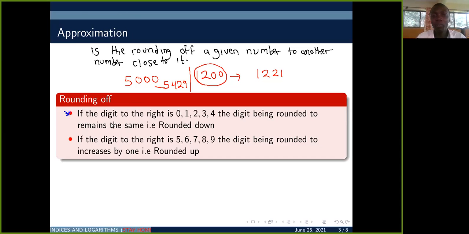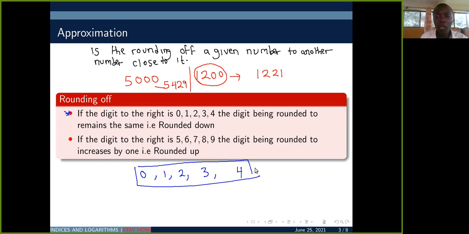number 1, in case we have digits from 0 up to 4. Any number we have from 0 up to 4, mention them. We have 0, we have 1, we have 2, we have 3, and then lastly we have 4. So any number in here, 0 to 4, we round them downwards.